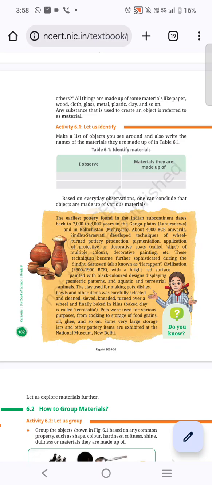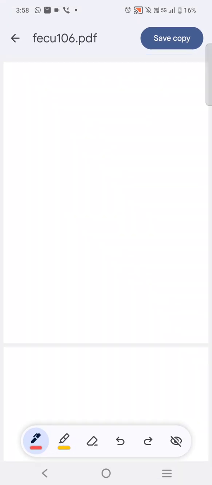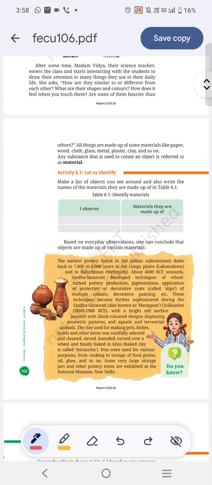Just like that, paper, wood, cloth, glass, metal, plastic, clay, and much more are known as materials because they help us make things. Let me show you. Clay helps us make matkas. Glass helps us make the glasses that we drink in. So that's how it is.